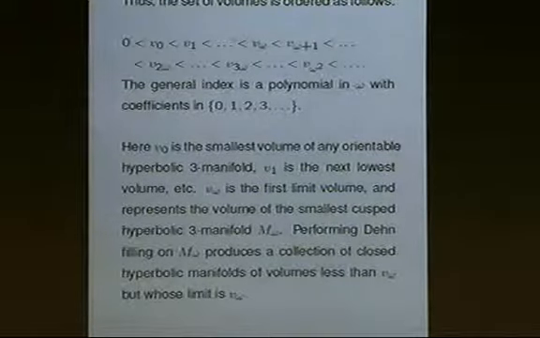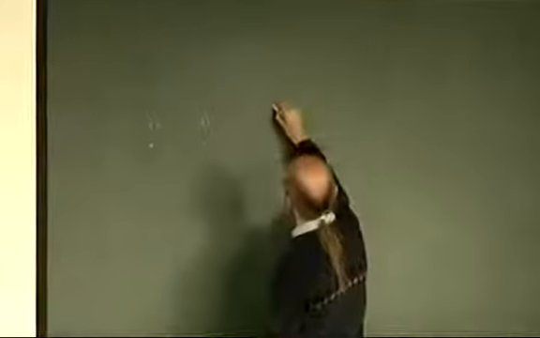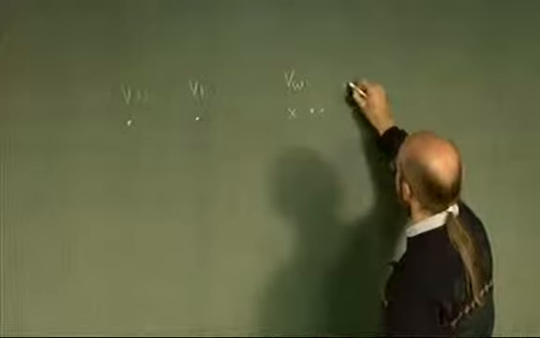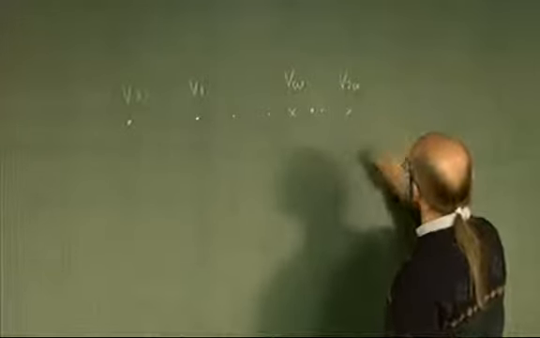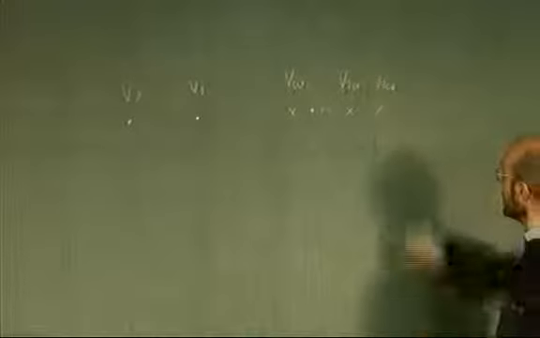So maybe I should draw a picture here. I kind of picture something like this. So here's V0, then we've got V1, V2, and then these accumulate at some first limit point like this. So that then you get a next volume. These all accumulate again at something like V2 omega. Then there's going to be another accumulation point, V3 omega.